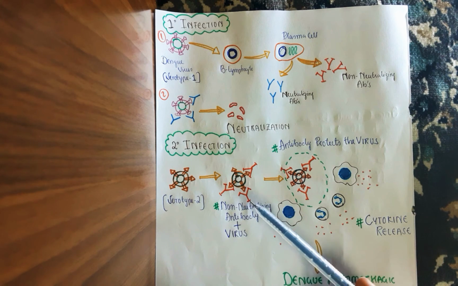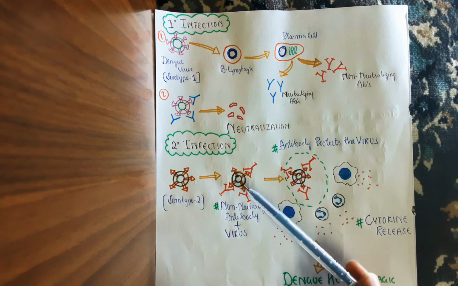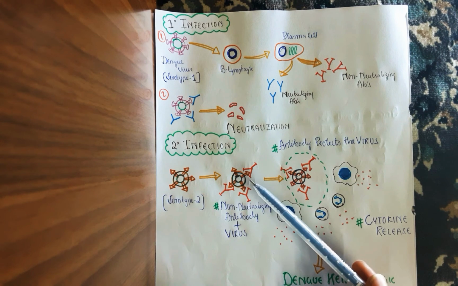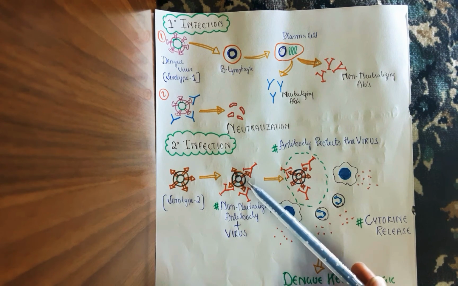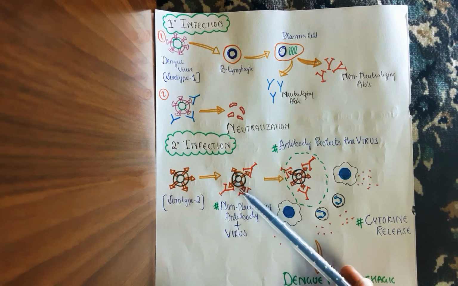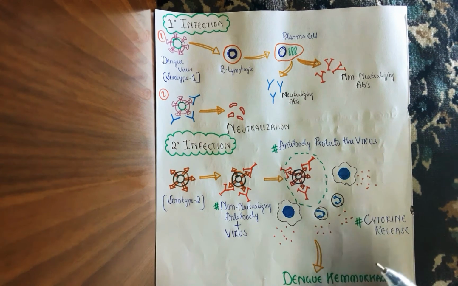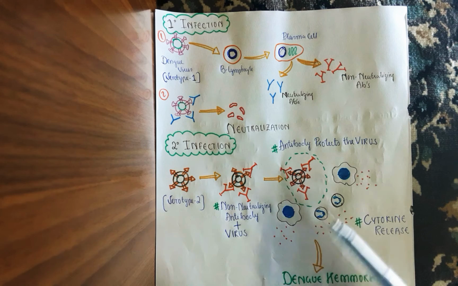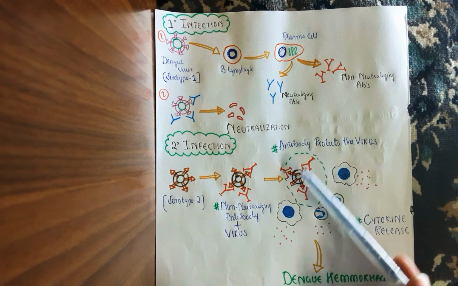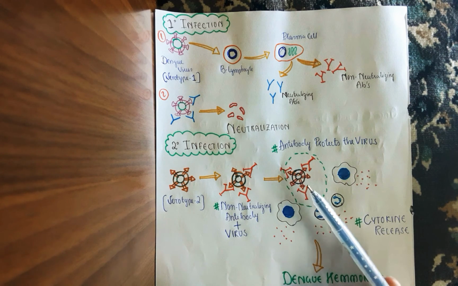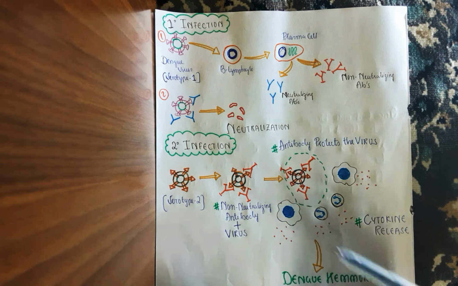This non-neutralizing antibody will coat the virus, and its normal function was to kill the virus. But over here, instead of killing the virus, it will in turn protect the virus from the immune system. That means it prevents the killing of the virus, and thus the virus proliferates and it will lead to manifestations.